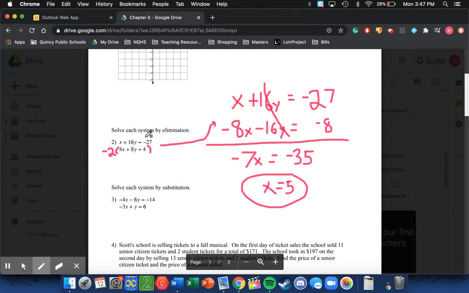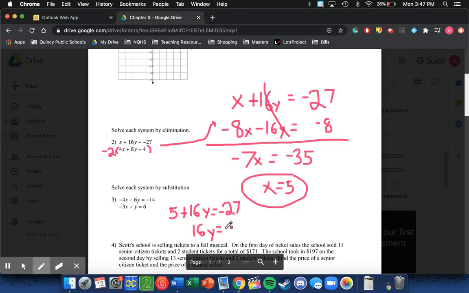So why don't I plug it into this first one here so I don't have to multiply it, right? As in, I can just do 5 plus 16y equals negative 27, and subtract 5 from both sides. When I do that, I get 16y equals negative 32.